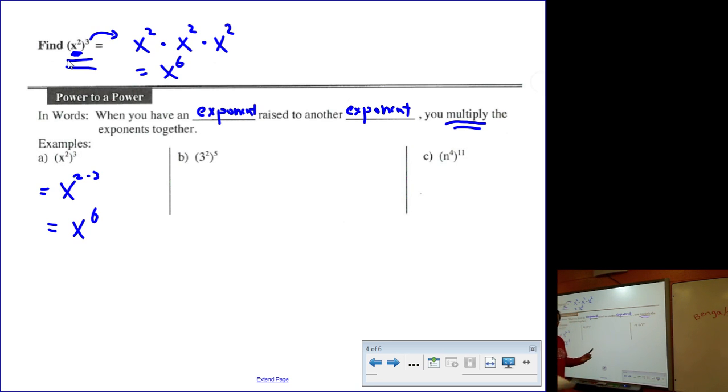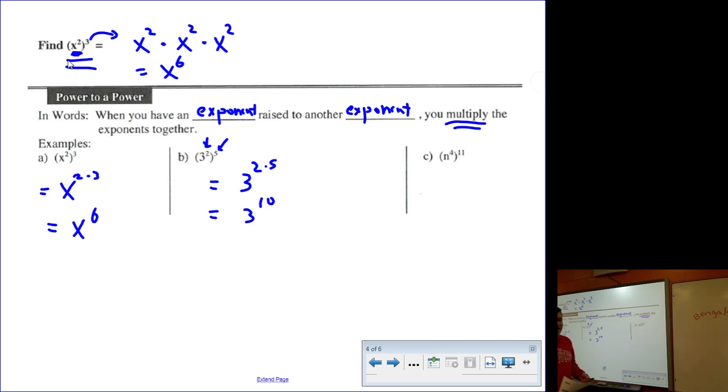Here I can do it with just numbers. 3 to the 2nd power to the 5th power. Using the rule I've just learned, the power to a power, when you have an exponent raised to another exponent, you simply multiply them together, and in this case, get 3 to the 10th power. Now, a lot of times when the exponent is large, like 10, we will go ahead and leave it in exponential form.